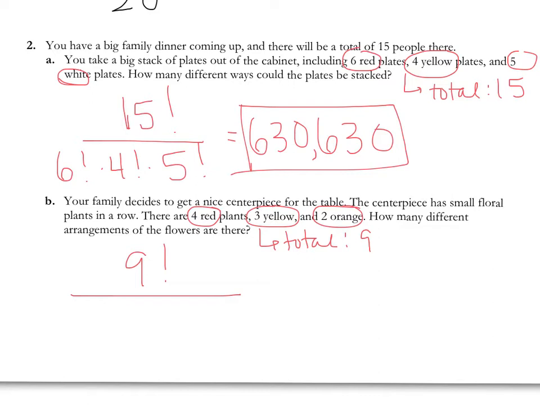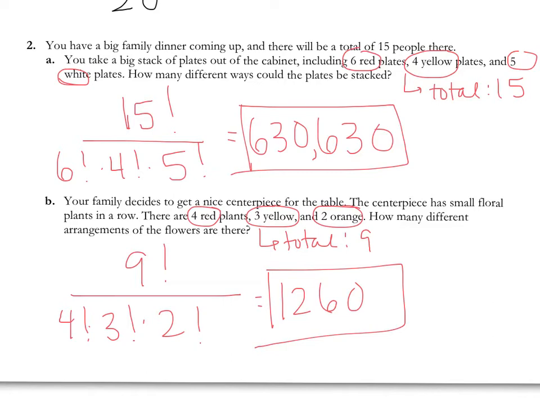So we're going to divide by 4 factorial, 3 factorial, and 2 factorial. And if you plug that into your calculator, you should get 1260, I think. So there are 1260 ways of organizing those floral arrangements.